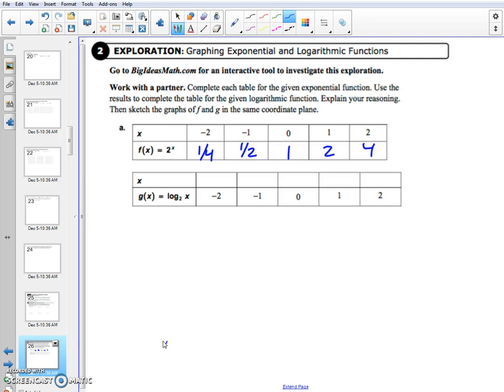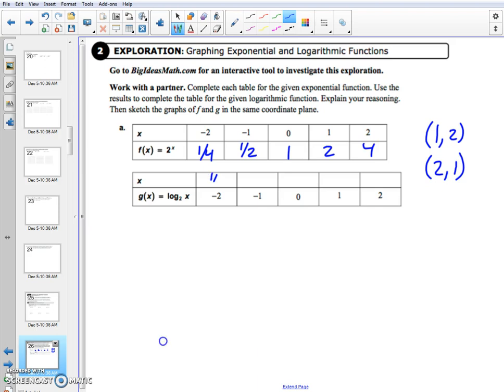Now, something else we need to think about. We looked at inverses last chapter, and we know that a function and its inverse have flip-flop points. So, for example, if I have the point (1, 2) on a function, its inverse has the point (2, 1). The points flip-flop, and that's true for every single point on those inverse functions. So when we graph these log functions, instead of first making the table for the log, we're going to first make it for the exponential function, just like we did here.